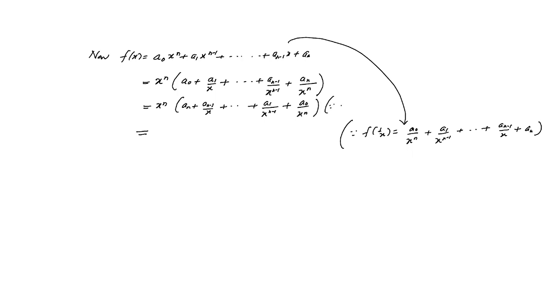Why? By 1, an equals a0 and a0 equals an. We put this value here, and this is basically f of 1 by x. So what have we proved? We have proved f(x) equals x to the power n f of 1 by x. So our first part is done.